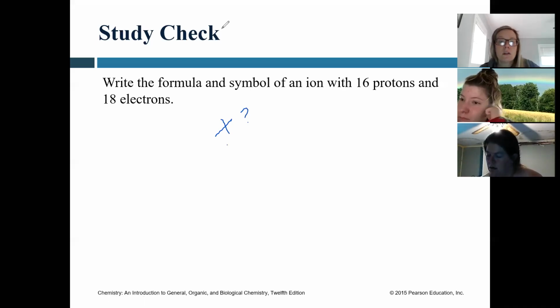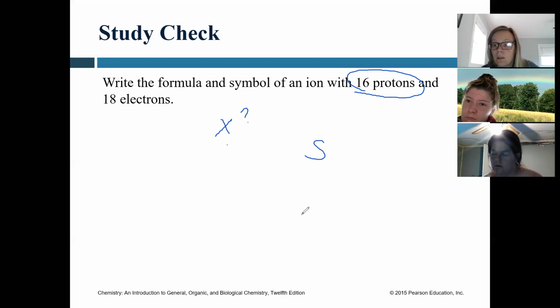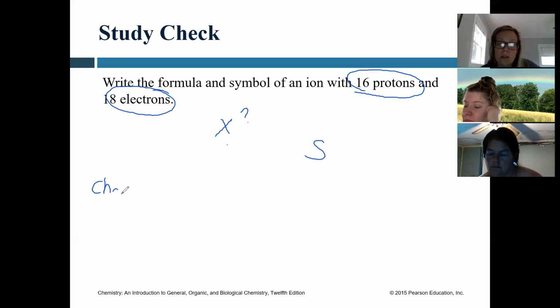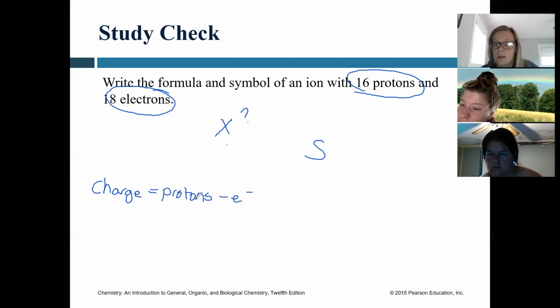Okay, so if it has 16 protons, well, the only option is sulfur because 16 protons is synonymous with sulfur. It has 18 electrons. So your charge is going to equal protons minus electrons always.